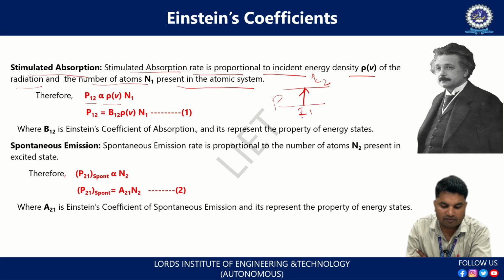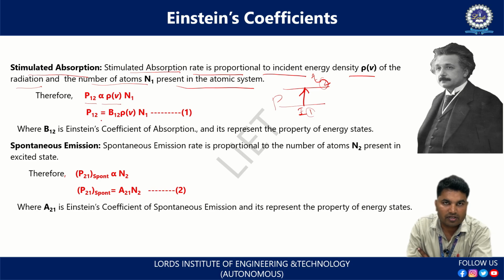So the probability of the transition from 1 to 2 is given as P12 and is directly proportional to the energy density rho of nu, as the additional or incident photon is incident on the atom which is in the ground state.